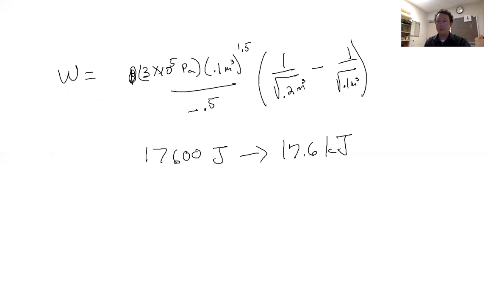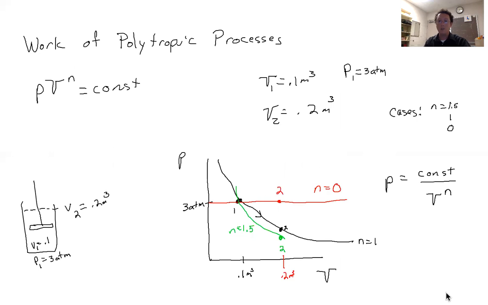So ranking these, the work for n equals 0 is greater than the work for n equals 1, which is greater than the work for n equals 1.5. Go back and think about that. Remember, work is nothing other than the area under these curves. And sure enough, n equals 1.5 has the smallest area, followed by n equals 1, and then the constant pressure curve. So hopefully that connects these areas to the work and polytropic processes.